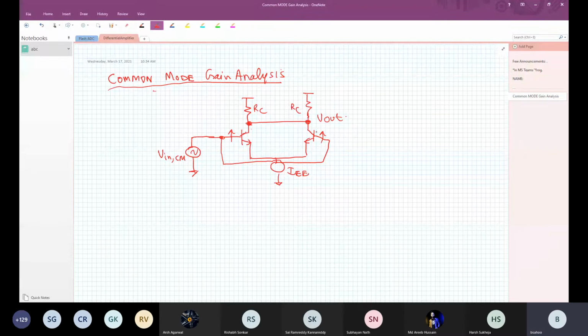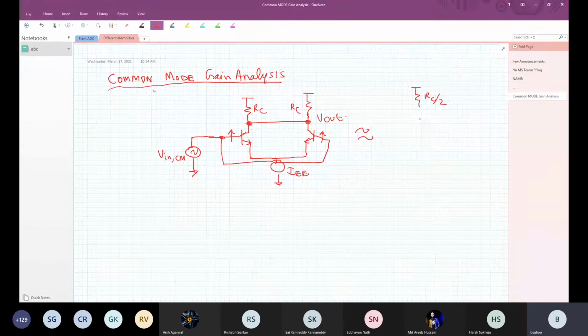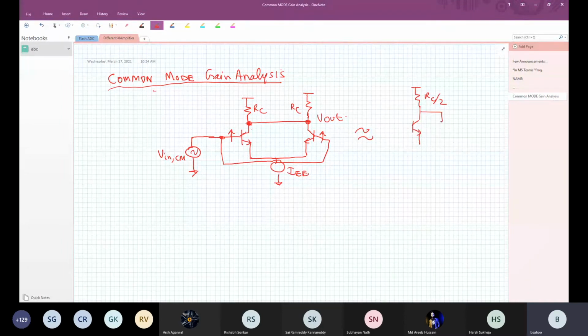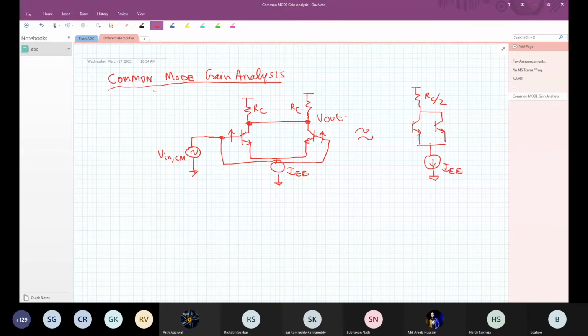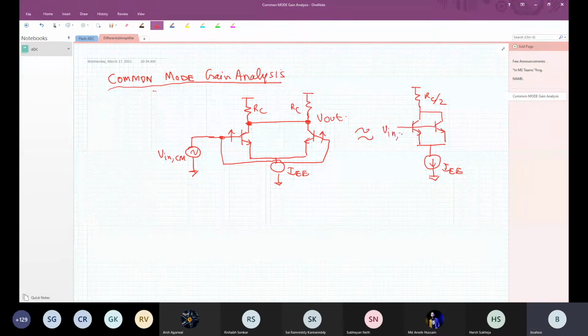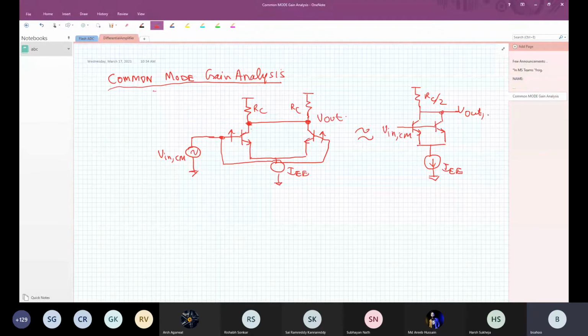Okay, so therefore this circuit boils down to a circuit which is going to be RC by 2 and these two transistors connected in parallel, and there is an IEE here. So V in CM, then V out CM.